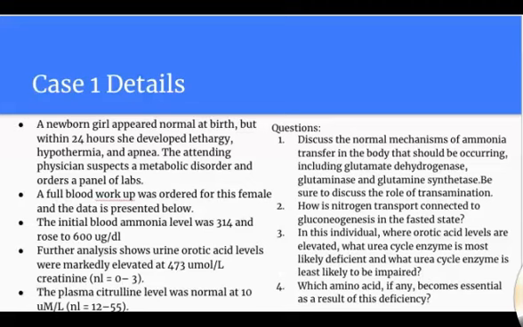A full blood work was ordered for this female, and this is the data that it presented. The initial blood ammonia level was 314 and then rose to 600. And analysis showed urine orotic levels were markedly elevated at 473, and the plasma citrulline level was normal at 10.